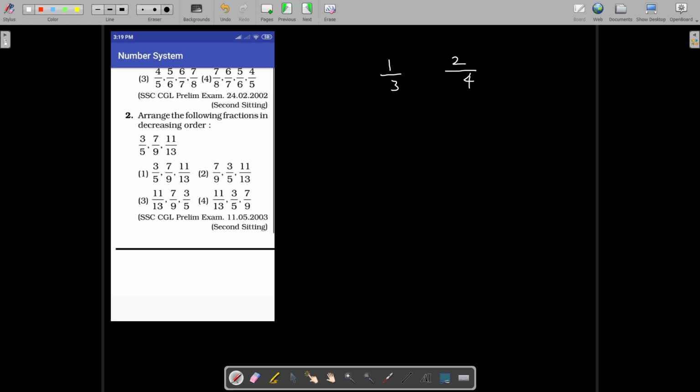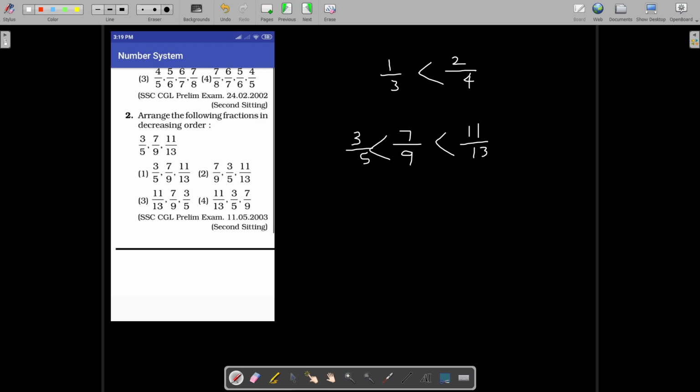Clearly 2 by 4 is greater than 1 by 3. So I can say that 7 by 9 is greater than 3 by 5 and 11 by 13 is greater than 7 by 9.